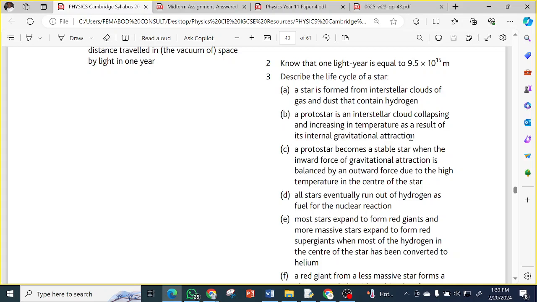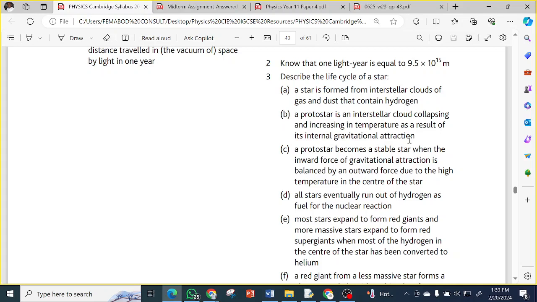And that brings about an increase in temperature too. So when this process continues, the protostar is now able to become a stable star. And that stable star is achieved when the gravitational attraction, which I just talked about, is balanced by an outward force due to high temperature in the center of the star.